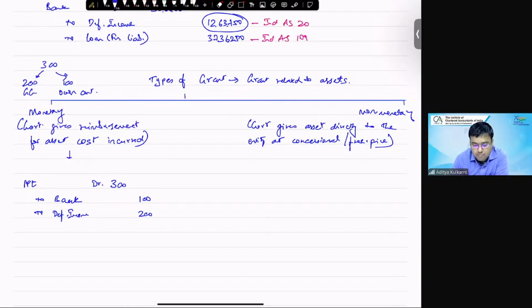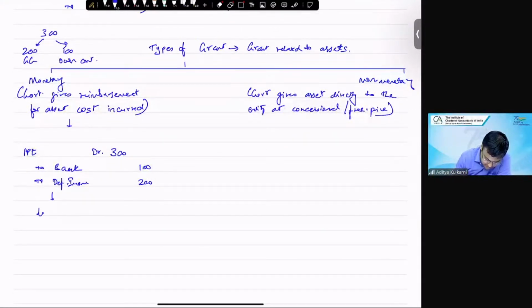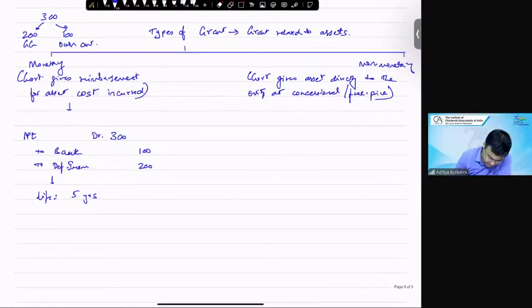Yes, sir. आप ऐसे कर सकते हो. To deferred income, this is basically the government grant funding that you have received. Suppose the life is 5 years and I take a straight line depreciation. Depreciation of PPE is equal to 300 divided by 5, so this is equal to 60 per annum.